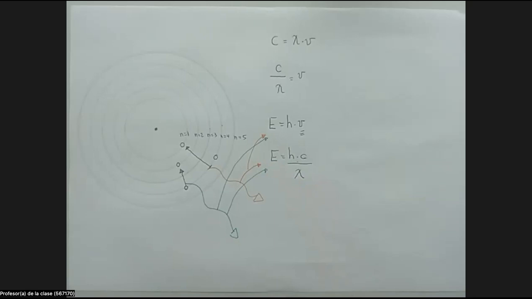So the energy difference between n equal 4 and n equal 1 is higher. The electron emits light of a lower wavelength when it drops from n equal 4 to n equal 1.